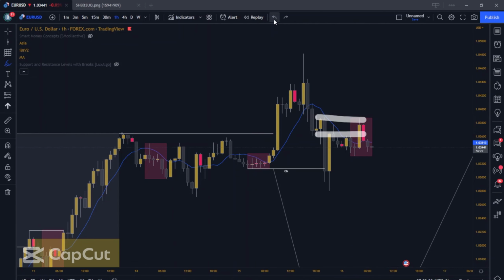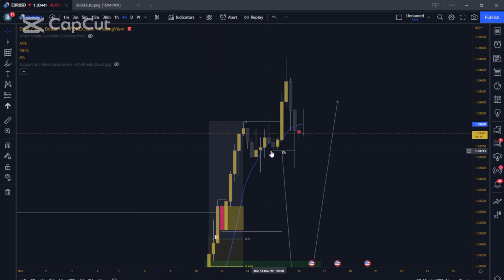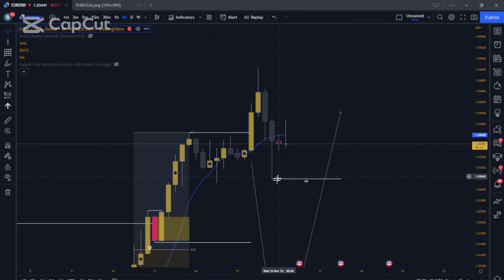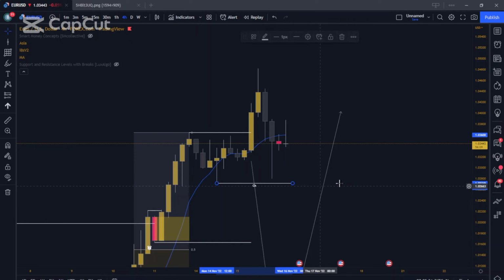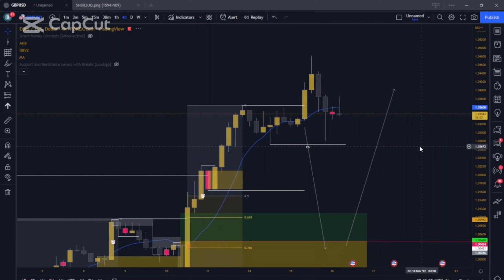But I'm not trading EU. I should actually start probably adding it in, to be fair. Okay, so for EU, we will be waiting for a break of this low on the 4 hour. Once this has been broken, that'll confirm our change of character and we can look for a zone to trade from.